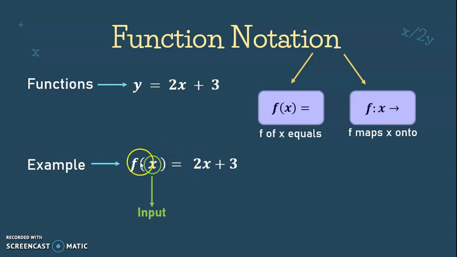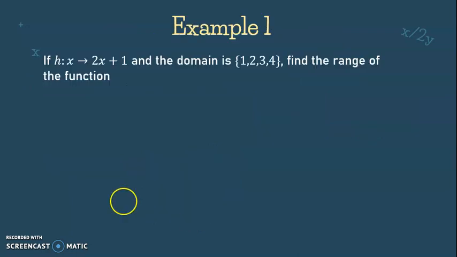So this x value is the input value. The result, once you input the x value, will be the output value. So that is function notation, and how you evaluate it, we'll go to example 1.